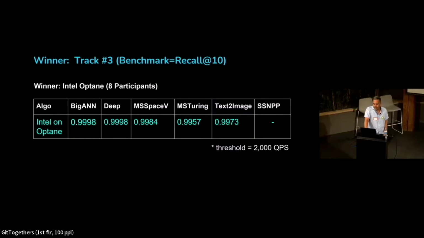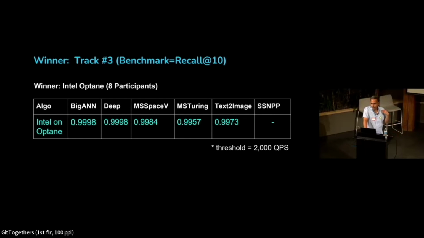So now we go on to track 3, and you can see night and day between track 1, track 2, and track 3 here. Intel was able to get 99% recall on all the data sets that they qualified for. In many ways, we shouldn't be surprised, right? If you constrict a billion scale evaluation to 64 gigabytes of RAM, whether you have additional disk or not, it's going to be challenging.